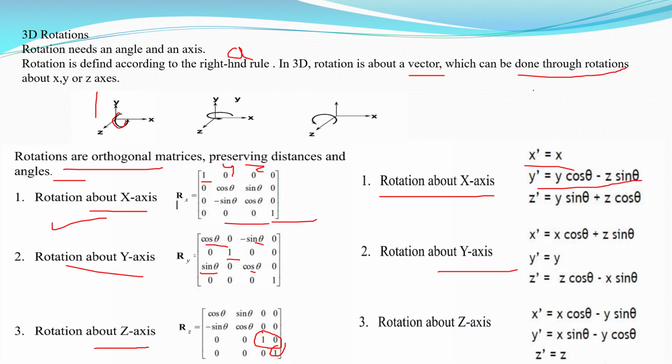About the y-axis, y dash is y, x dash is x cos theta plus z sin theta, and z dash is z cos theta minus x sin theta. If rotation about the z axis, then x dash is x cos theta minus y sin theta, y dash is x sin theta plus y cos theta, and z dash is z. So this is how we write down the matrix and equations of 3D rotations.